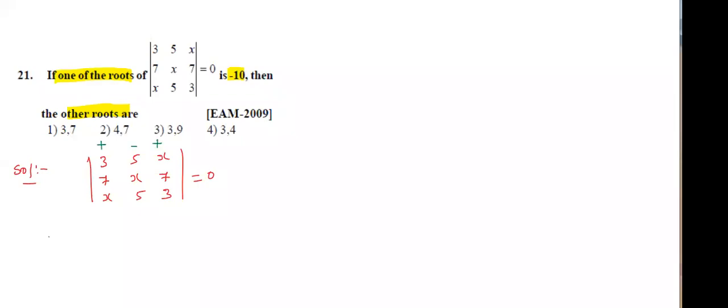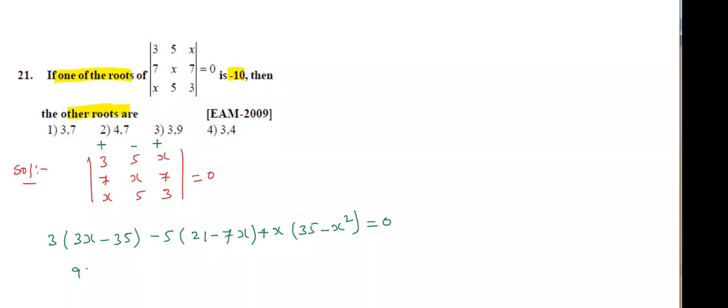Then expand: 3 into (3x minus 35), minus 5 into (21 minus 7x), plus x into (35 minus x square), that is equal to 0.